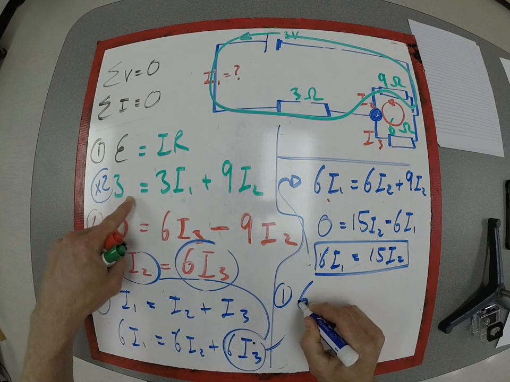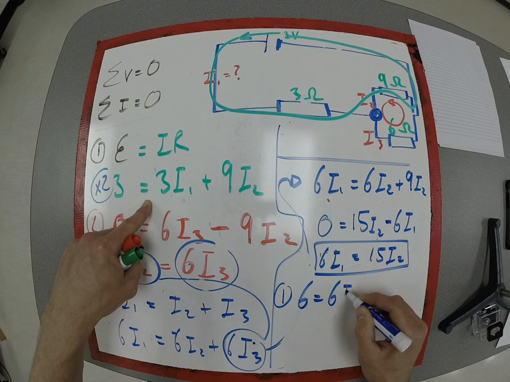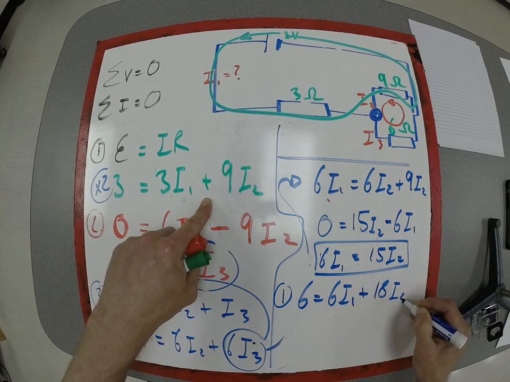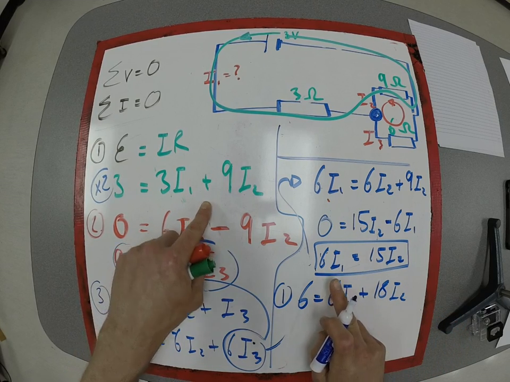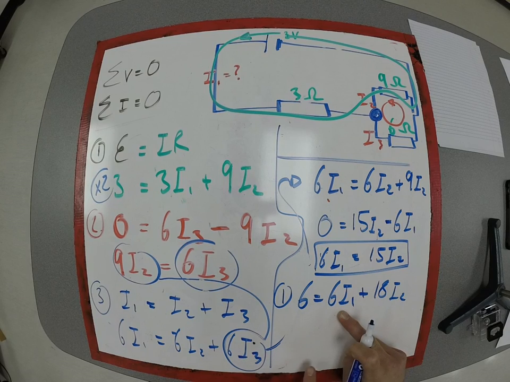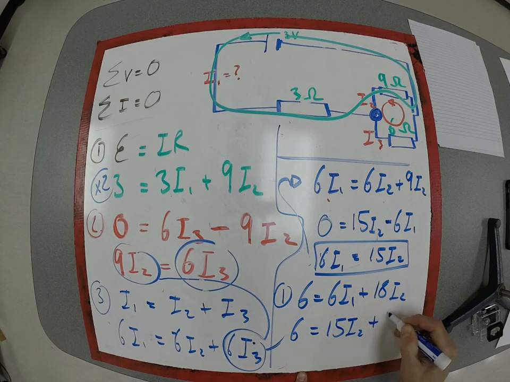That gives me 6 is equal to 6I1 plus 18I2. Okay, 6I1 is right there, so now I can bring this in here, and hopefully you can see what's going to happen. 6 is equal to 15I2 plus 18I2. Now I can solve.